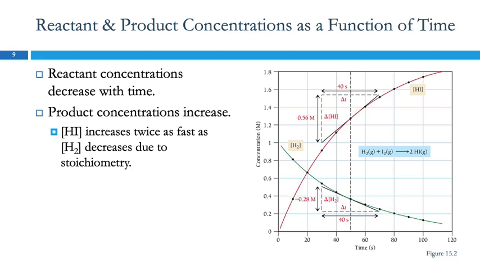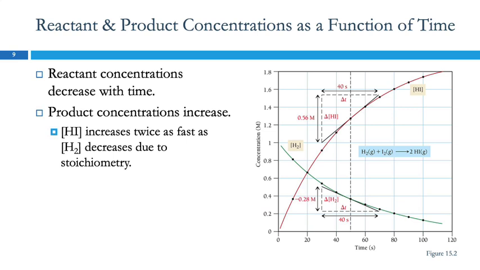So if we want to know the rate at this point in time, because the rate might change, we can draw a line that's tangent to the curve and then look at the change in the rise. This is rise over run. It's the slope here. So the change in the concentration of that divided by the change in time, the change in x. And because this is negative, we'd multiply that by -1.